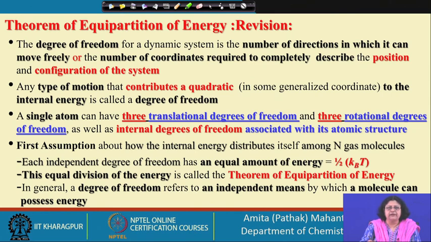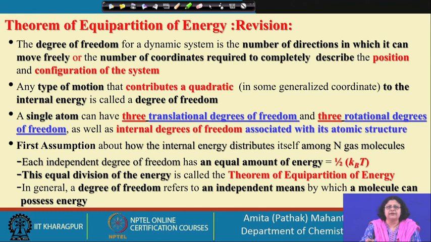The first assumption was how the internal energy is distributed among the n number of gas molecules, and each independent degree of freedom has an equal amount of energy of half kT, where k is the Boltzmann constant, kB. While talking, we usually say kT also.